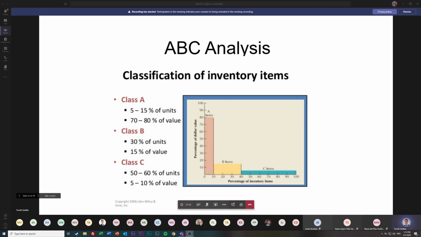What about the C items? The C items are typically some kind of administrative materials and administrative stuff. There is some cleaning, some chemicals used for cleaning. That could be some special services, some insurance. So typically something that's not very strategic.